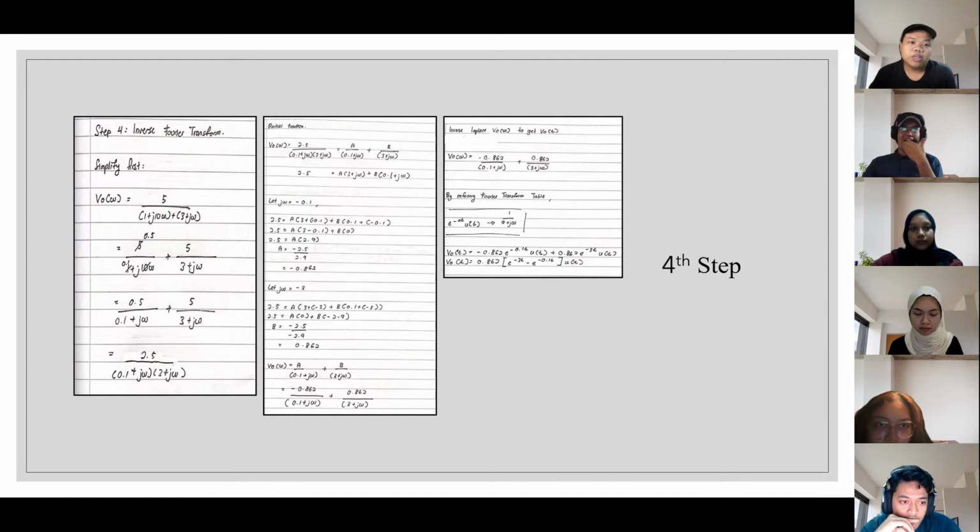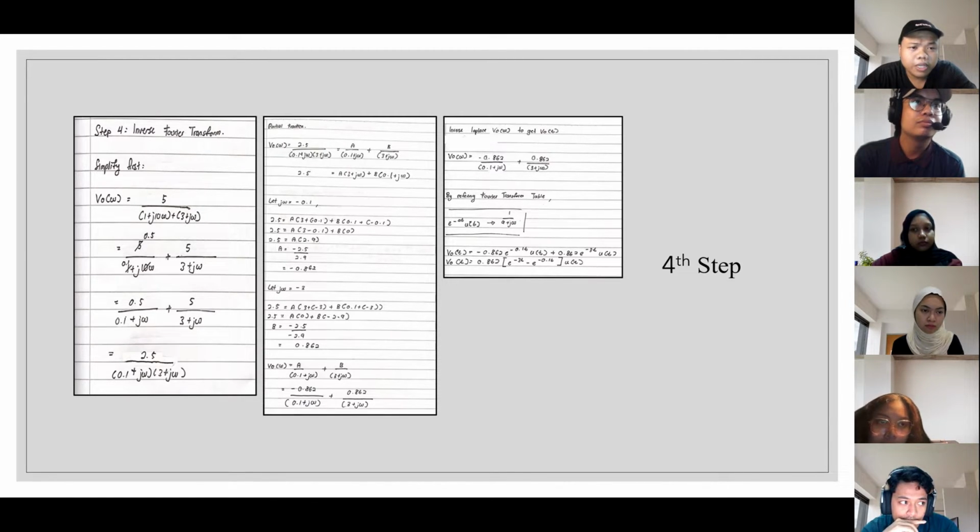Okay, Assalamualaikum. My name is Muhammad Aiman. I will explain step 4 of the calculation, inverse Fourier transform. Simplify first. V out omega equals 5 over (1 plus j10 omega)(3 plus j omega), and then we need to split.